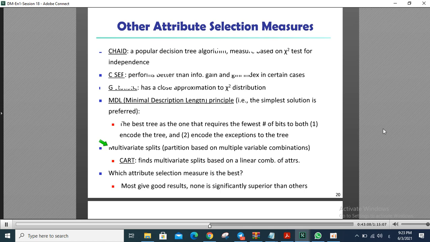Geostatistics uses a method near to chi2 distribution, and the rest of them.